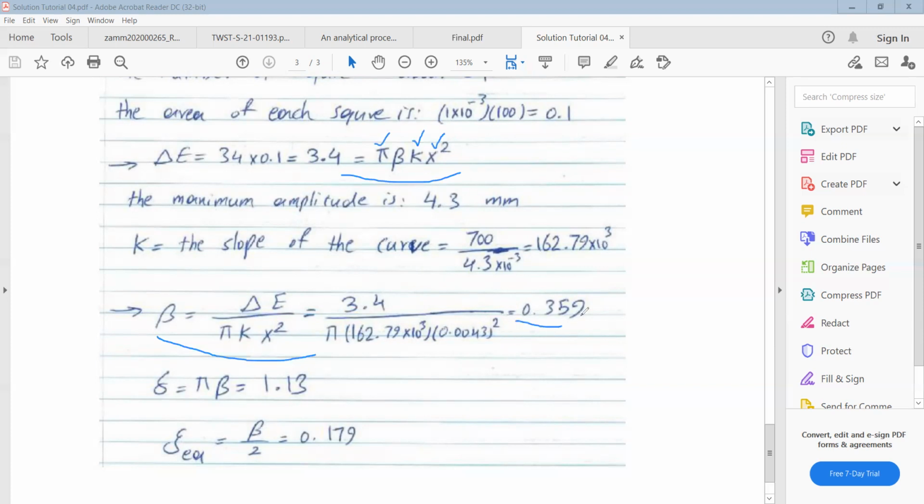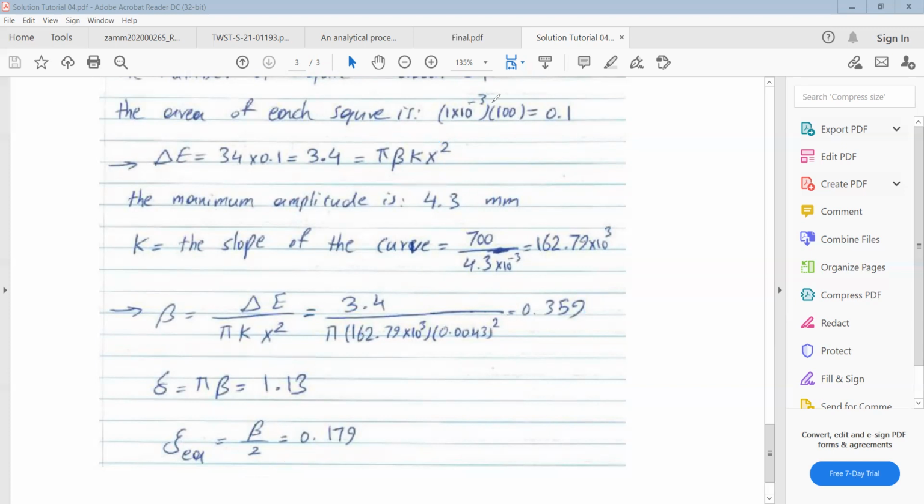When we have the beta, you can easily find the logarithmic decrement, which is pi times beta. And also you can find the equivalent damping ratio, which is beta divided by 2. So these are the characteristics for the hysteresis damping system.